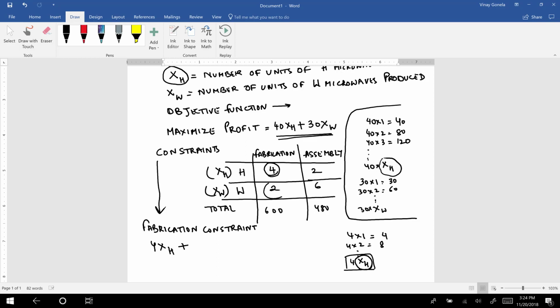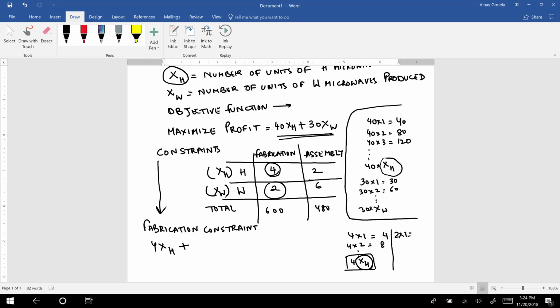Similarly, to produce W, the same concept, 2 hours for 1 W to be produced. Then 2 times 2, 4 hours for 2 W to be produced, and 2XW is the amount of time taken to produce XW amount of W microwaves.